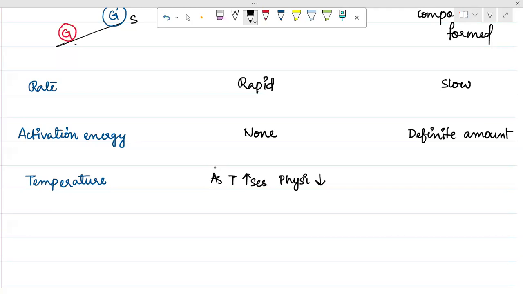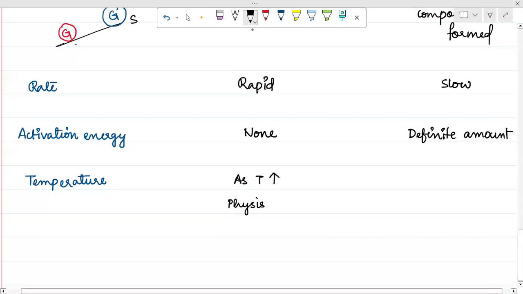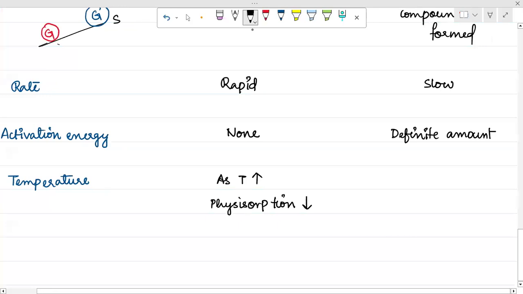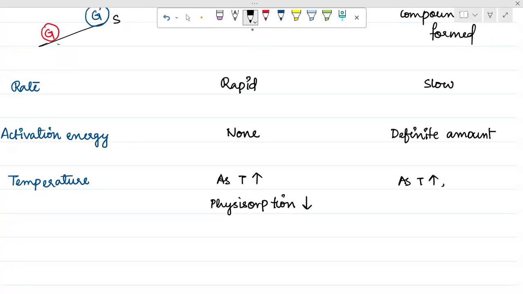I hope you understand what desorption is. It is the opposite of adsorption. So as temperature increases, physisorption decreases.